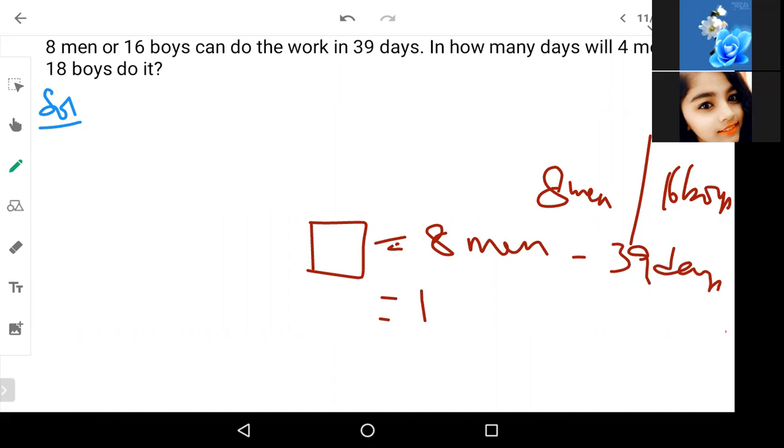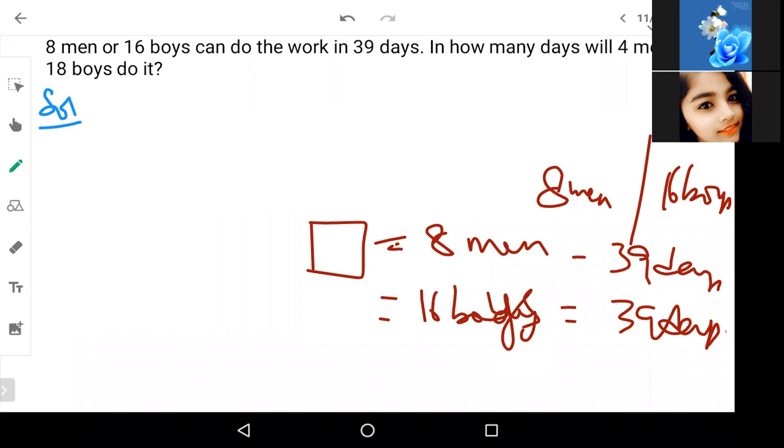If 16 boys do the work, they will also take 39 days. It is either men or boys. They are not saying 8 men and boys. No, they are saying or. Or means we have to consider any one. So 8 men can do the work in 39 days, and 16 boys also can do the work in 39 days.